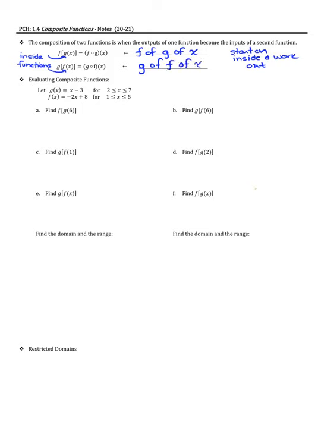This is really just fancy notation for substitution, substituting a function into another function. However, when we have restricted domains, you are going to have to pay attention to whether what you are inputting is in the domain.